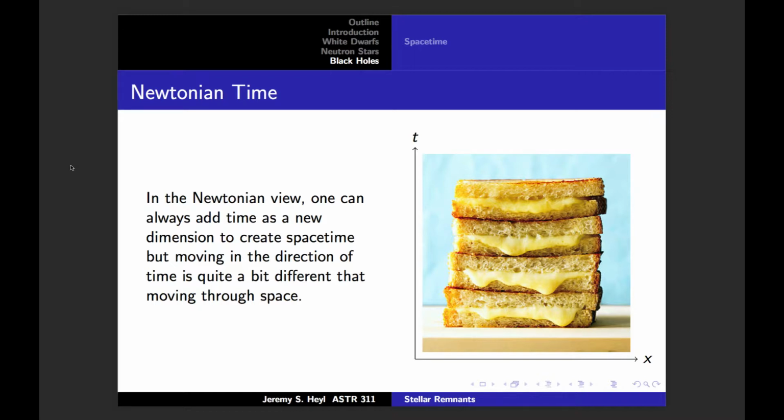So there's space at this moment, then space at the next moment, and so on. Moving through time was quite a bit different than moving through space. If I move across space, I just stay in the bread layer or the cheese layer, and if I move through time, I realize, oh, there's bread and there's cheese. It was quite a bit different.